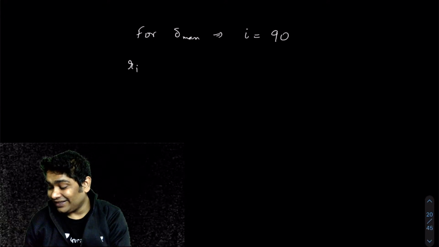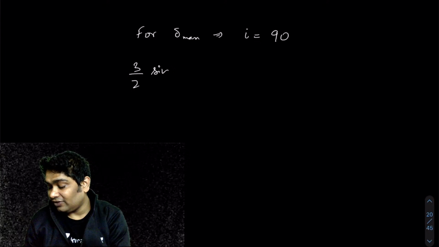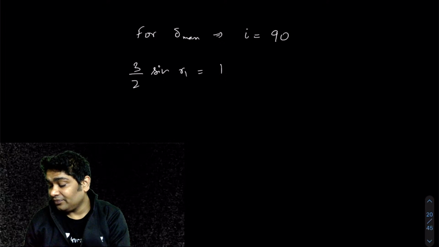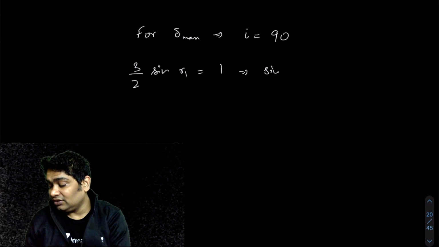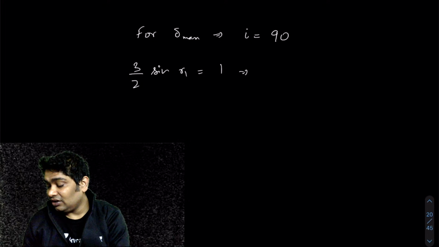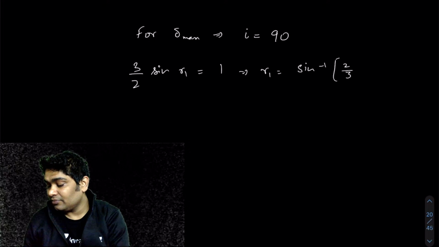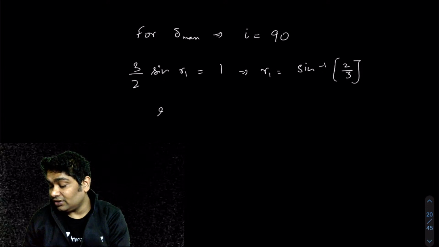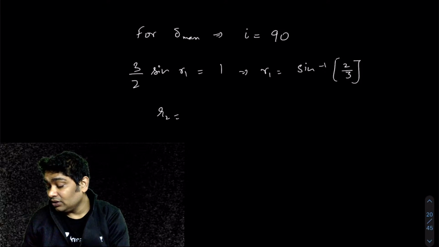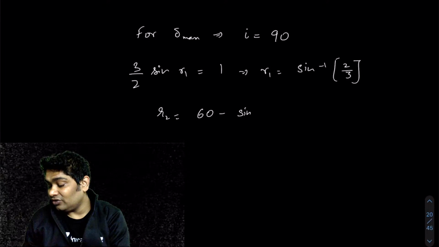Therefore, I can say sine of R1 would be equal to 1 by 1.5, so R1 would be sine inverse of 2 by 3. Which will tell you about R2. R2 would be 60 minus sine inverse of 2 by 3.